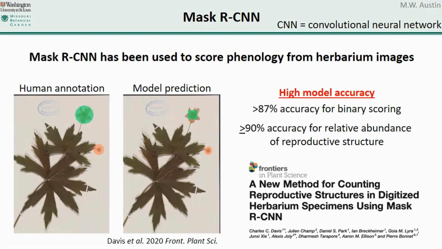Specifically, this paper found greater than 87% accuracy for the binary scoring of whether a reproductive structure is either present or absent on a sheet. And interestingly, they also found more than 90% accuracy for quantifying the relative abundance of reproductive structures, so the relative abundance of buds, flowers, and fruits on herbarium sheets.